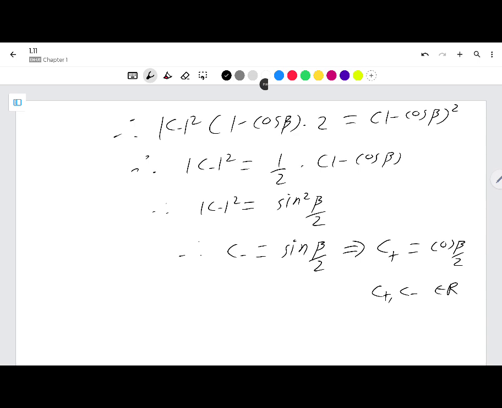So based on this, what are we getting? The eigenstate looks like this: cos beta by 2 plus sin beta by 2.